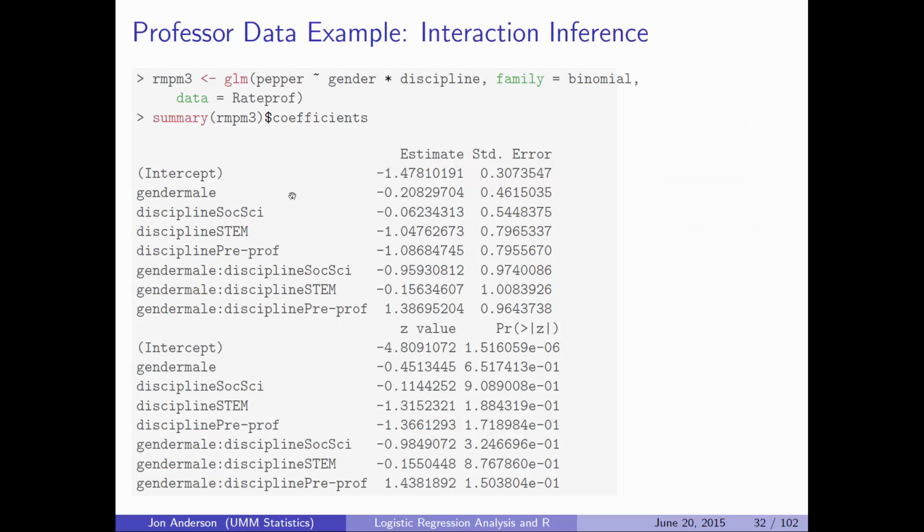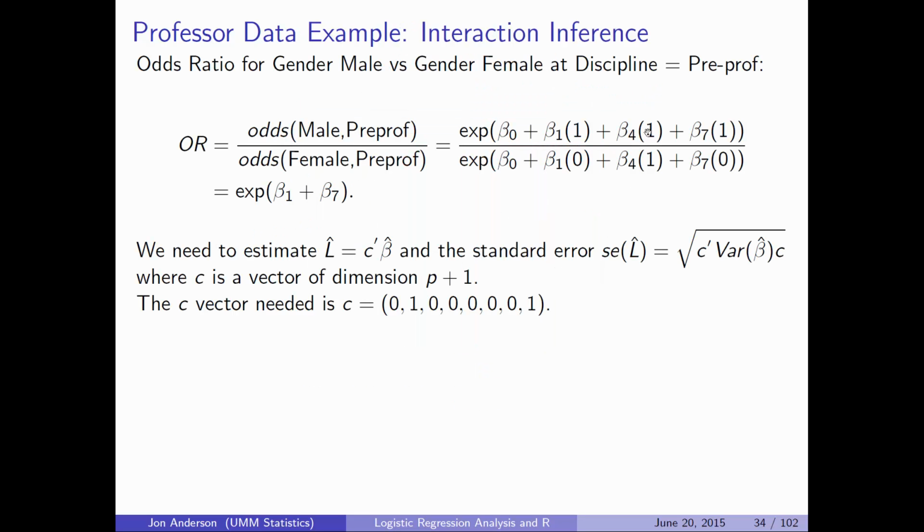That, of course, is this parameter right here: beta 0, beta 1, beta 2, beta 3, beta 4. Beta 4 is multiplying the pre-professional indicator, and if it's a pre-professional faculty member, this indicator will take on a value of 1, and that's why beta 4 is multiplying a 1.